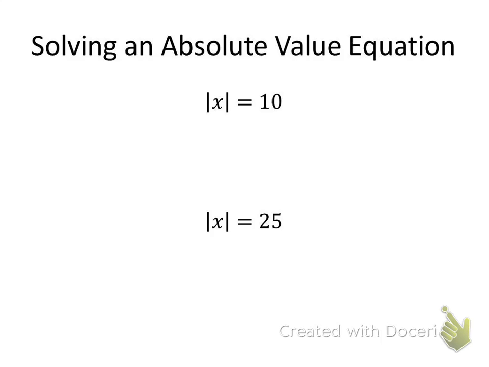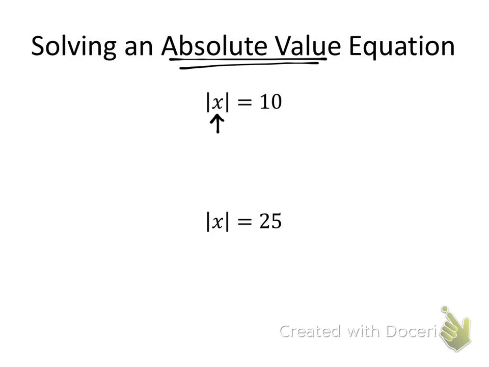So for an absolute value equation, we know that absolute value always has to be a positive answer. So if you look right here, the absolute value of x is 10, which is a positive 10. Absolute value of x is positive 25. But when I'm looking for what I can plug in here for x, you will always have two answers.